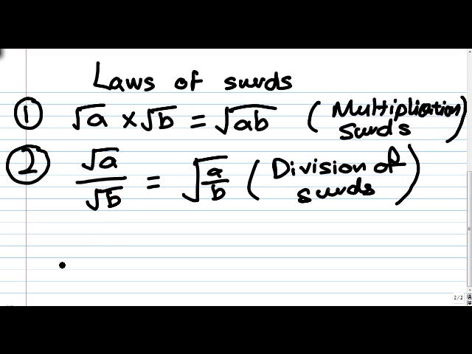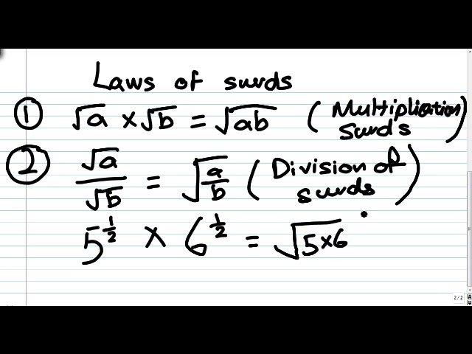If I have got 5 to the power of half times 6 to the power of half, although they are of different bases, it can be written as square root 5 times 6.